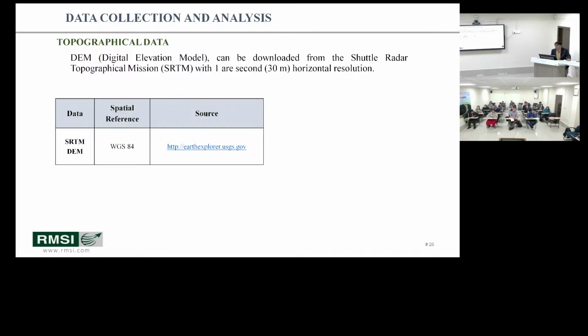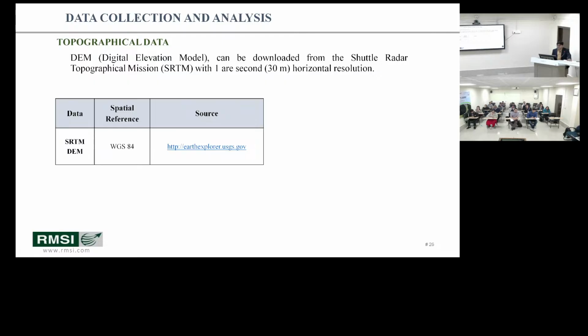Again, yesterday my fellow trainers might have informed you what a digital elevation model is. This is the topographic model, surface model, and various types of open source models are available.